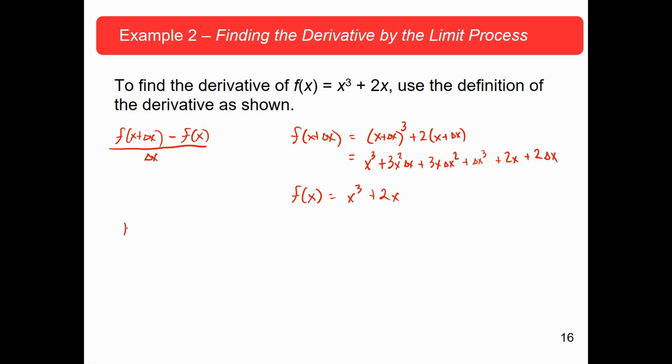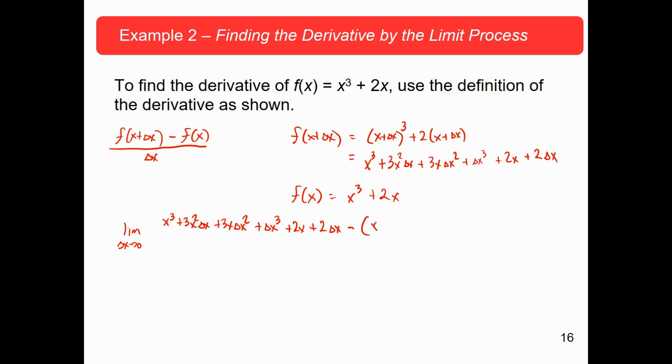So now we can take the limit as delta x approaches 0 of f of x plus delta x, or x cubed plus 3x squared delta x plus 3x delta x squared plus delta x cubed plus 2x plus 2 delta x, minus f of x.